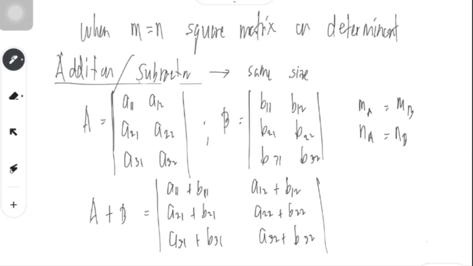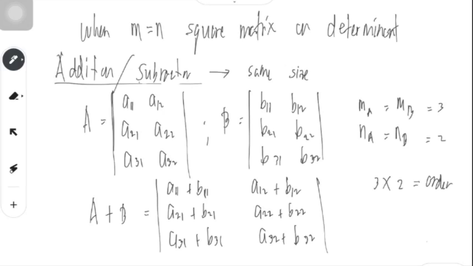So the order would be the same. When we say order, in this case, let's look. Number of rows, we have 3. Then the number of columns, we have here 2. So, we can say that this is a 3 by 2 matrix. And this is known as the order of a matrix. Is that clear? A 3 by 2 matrix means to say that we have 3 rows and 2 columns.